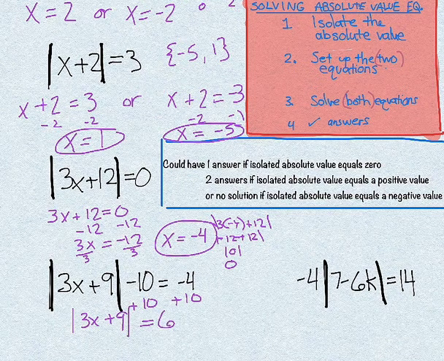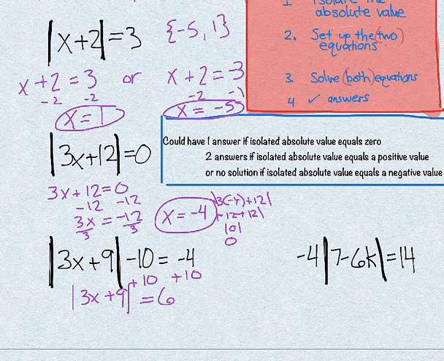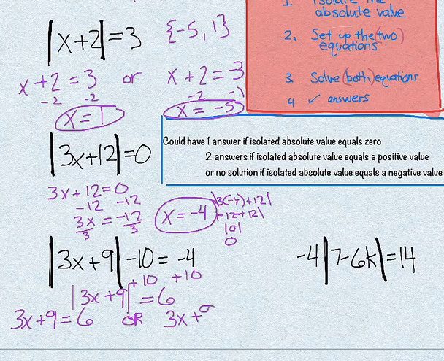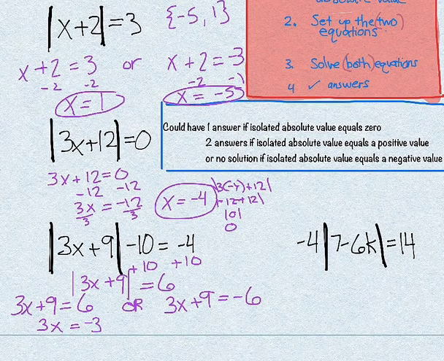As it turns out, it's now equal to a positive number, so I should be able to come up with 2 options. If I was traveling 6 spaces from 0, I could either end up exactly at 6, or if I went in the negative direction, I would end up at -6, the opposite of that value. We're going to solve it and check our answers. I'm going to subtract the 9 and divide by 3.